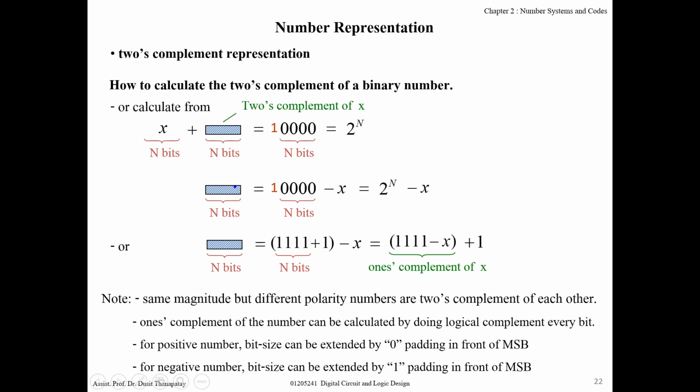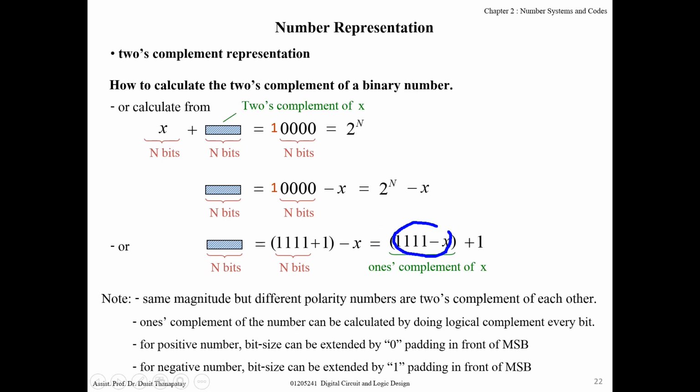Anyway, if I want to find the 2 complement of x, then I use that number minus x. Actually you can write it as n bits of 1 1 1 1 plus 1, and then I move minus x to here and plus 1 to here.